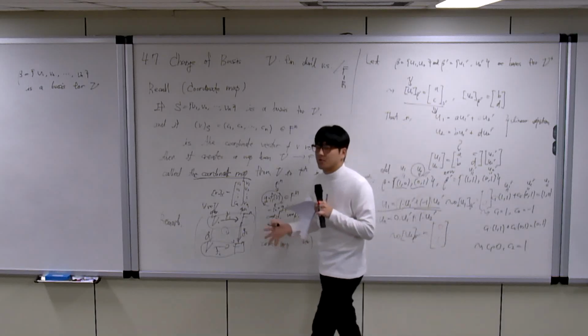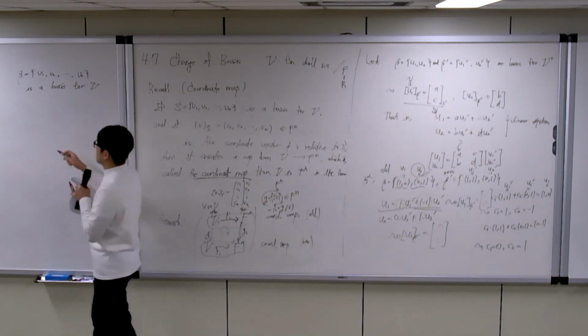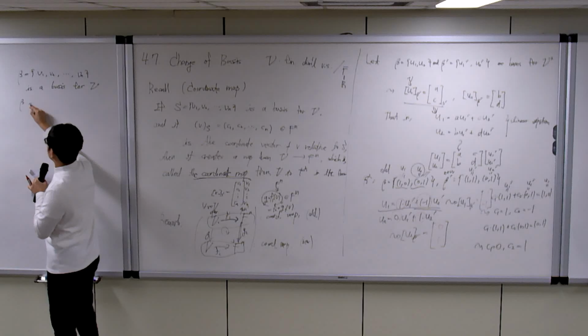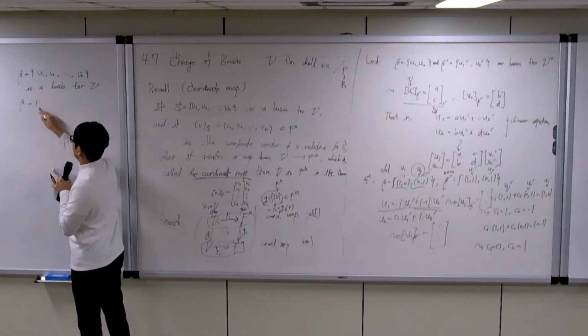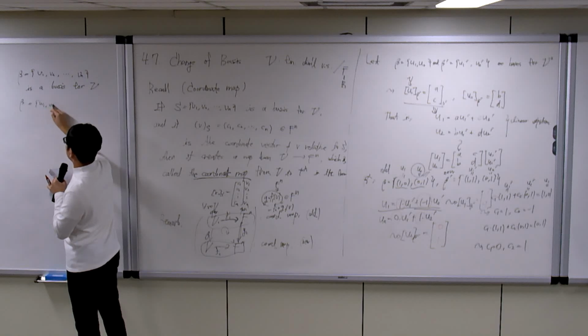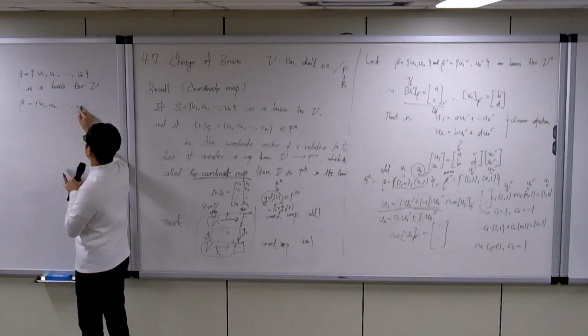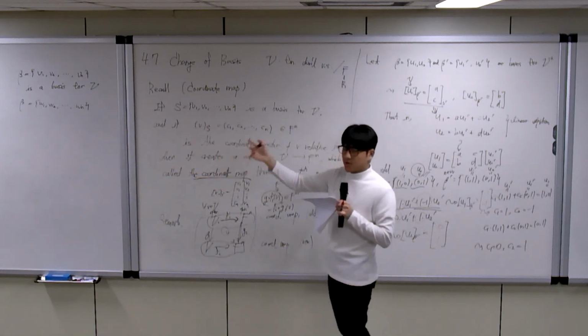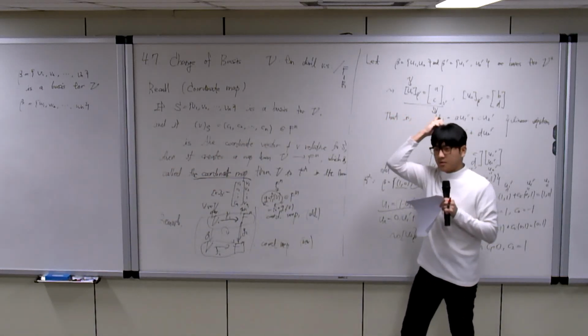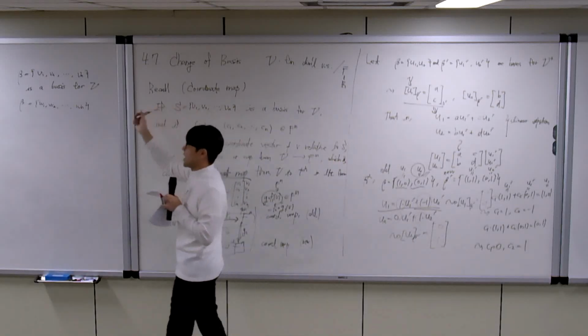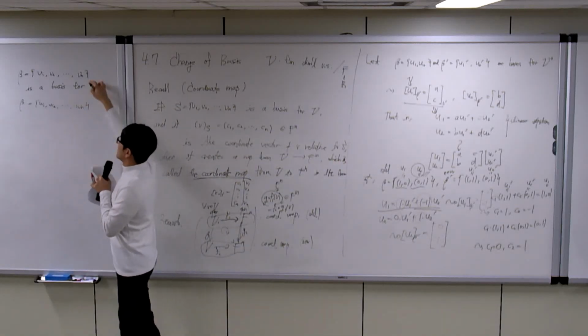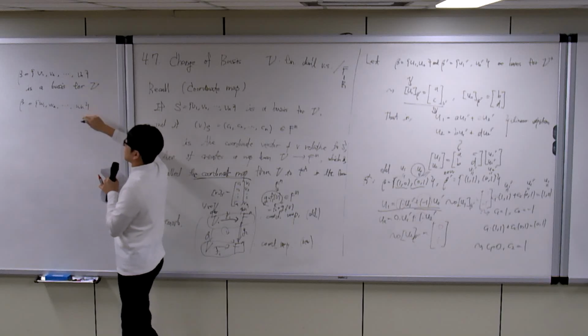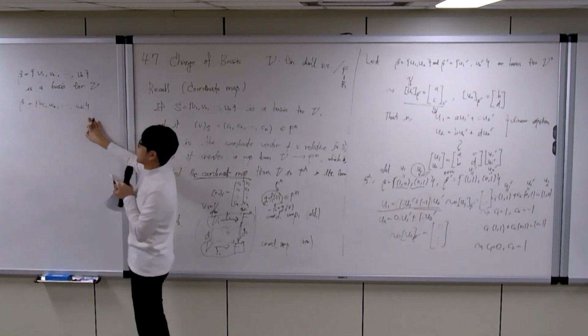A basis is not unique, so you can find another basis, but today we proved that the number of vectors in each basis is the same. So it will have n vectors, and another basis will have n vectors as well.